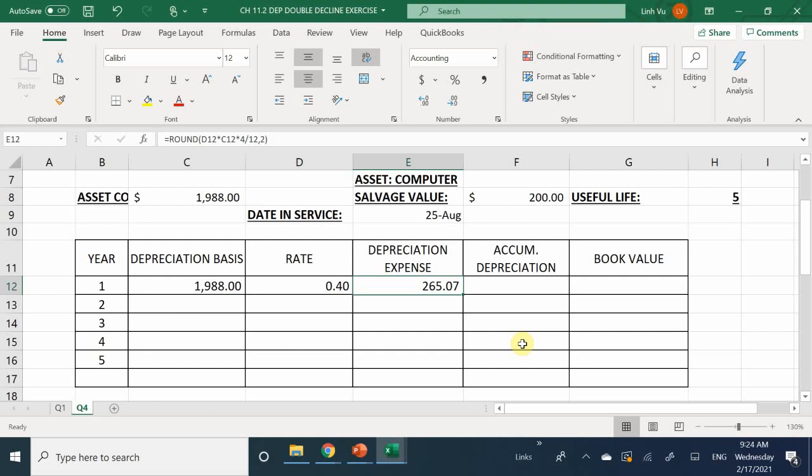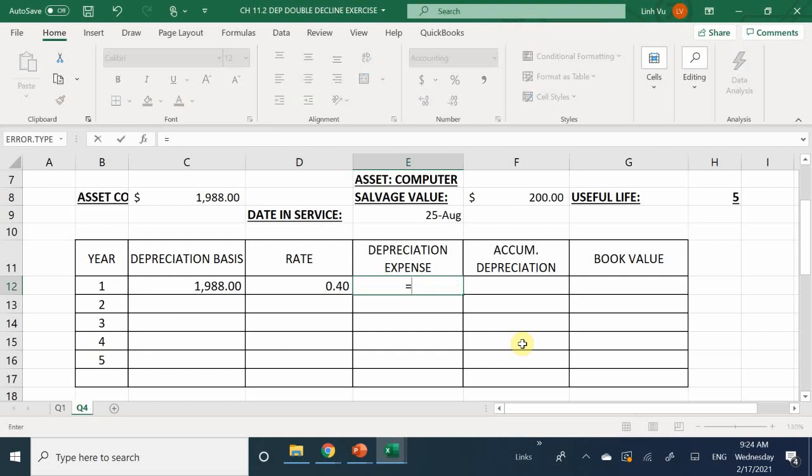Did you round? I did round. Okay, here, let me see. Let me do this real quick. Times 4 divided by 12. I still get 265.07. Anybody else calculate this?